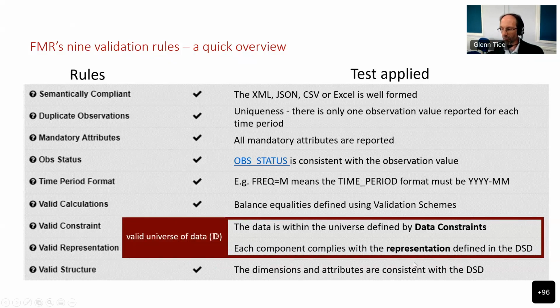The first is by defining representations, setting the correct representations for the various components within our data structure definitions. And the second way is using constraints, or data constraints, for further refining what we consider to be the universe of valid data for a particular data set.